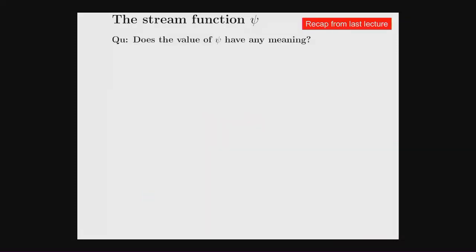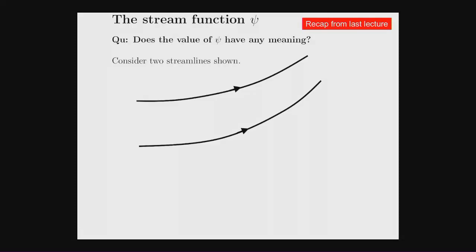The next thing we had a look at is the physical meaning of psi. Does the value of psi have any meaning? We started off by considering two streamlines, streamline with psi 1 and another streamline with psi 2. We draw a line between these two streamlines, and we considered the mass flux across this line.